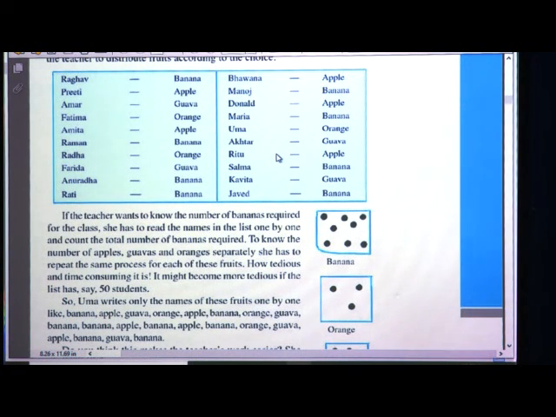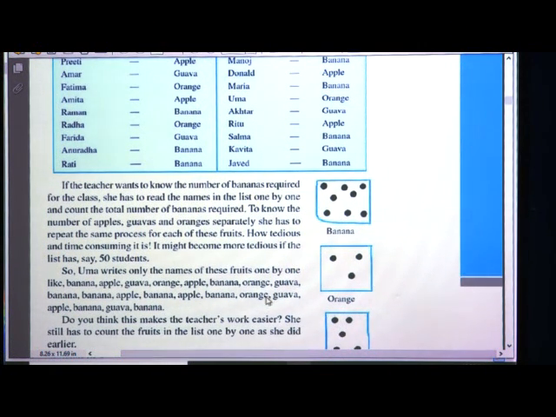Then in the next case, what did Uma do? Uma wrote the names of the students, and in front of the name she wrote the fruit liked by the student. Okay. So, this was the second method, and in the third method Uma wrote only the names of the fruits told by the students continuously.